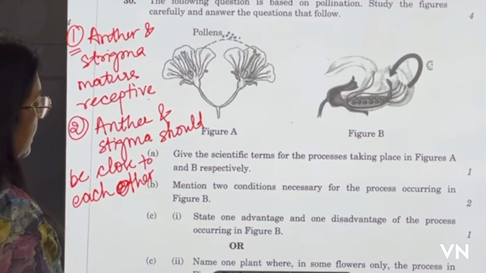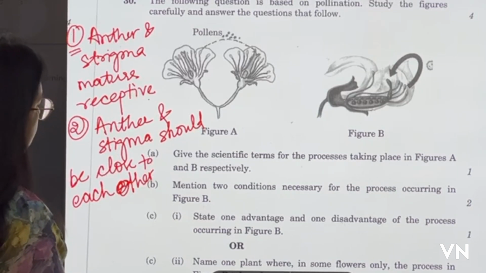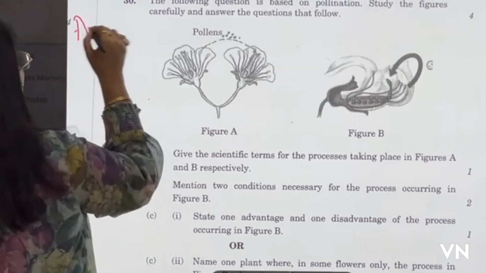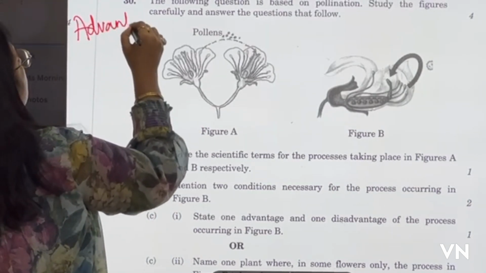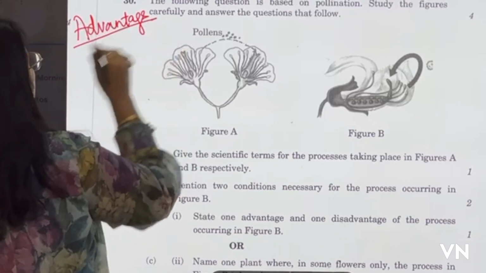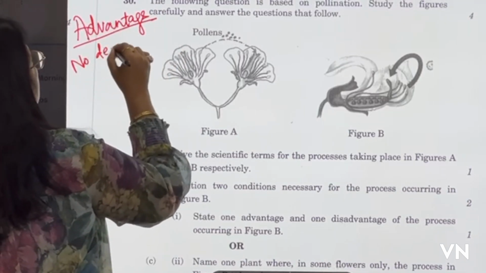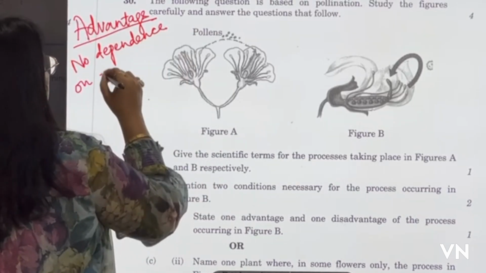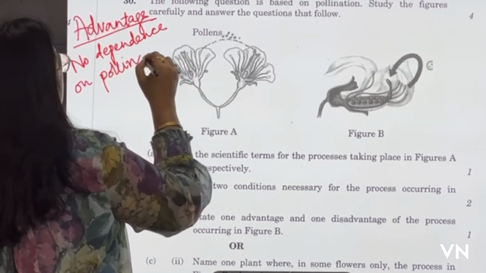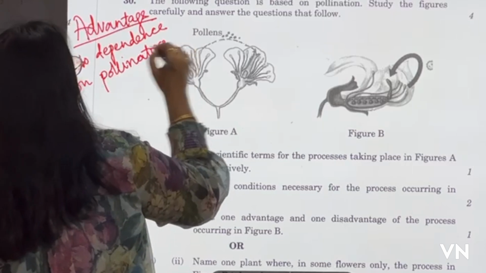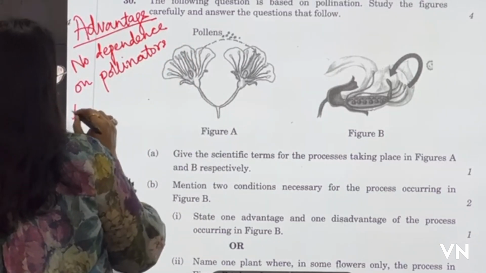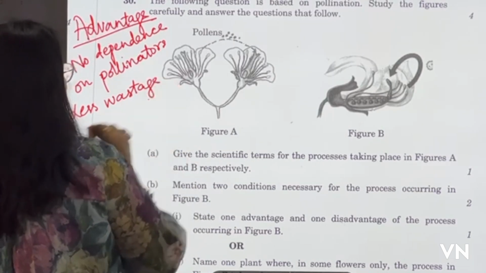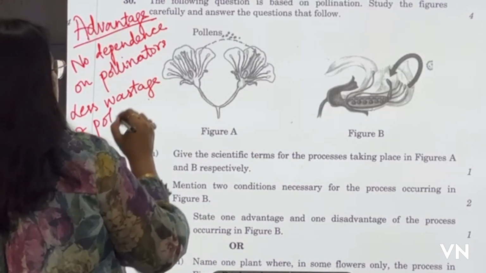State one advantage and one disadvantage of the process occurring in figure B. Advantage, only one is required. You can write no dependence on pollinators, and you can also write very less wastage of pollen grains.